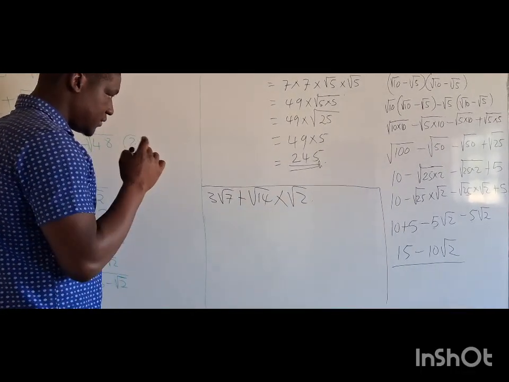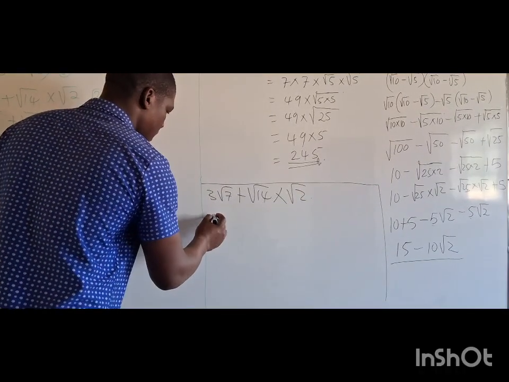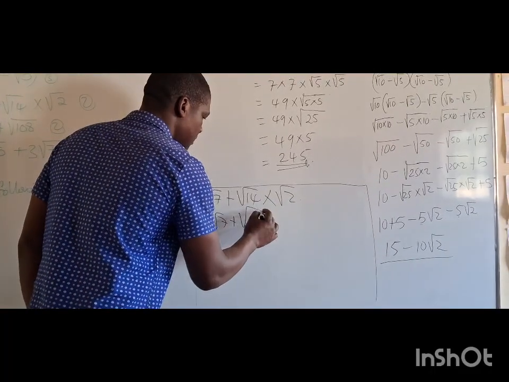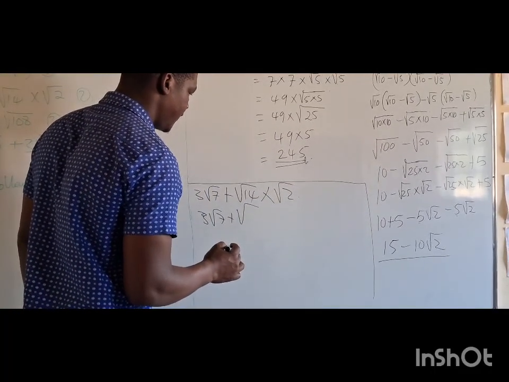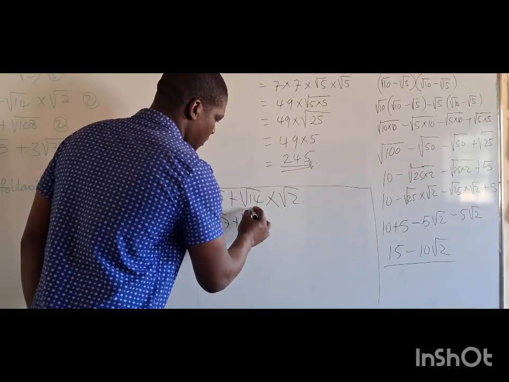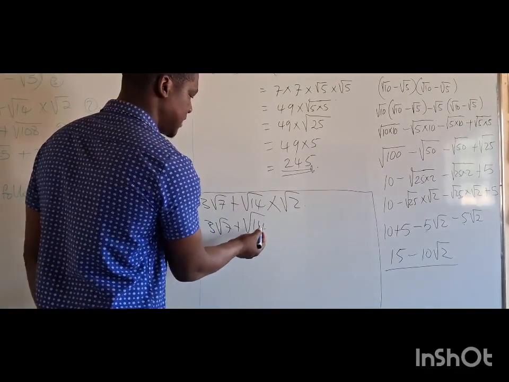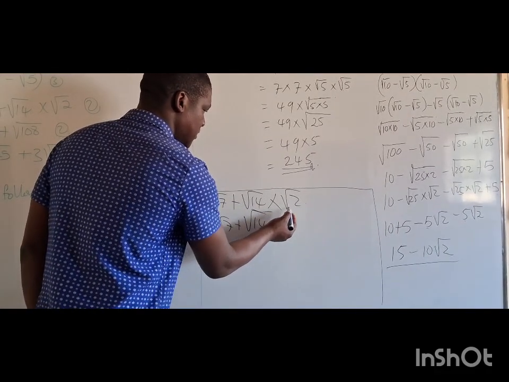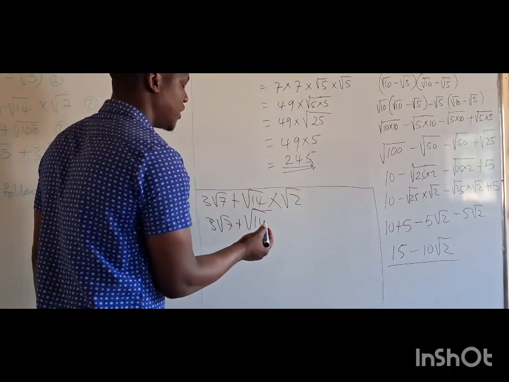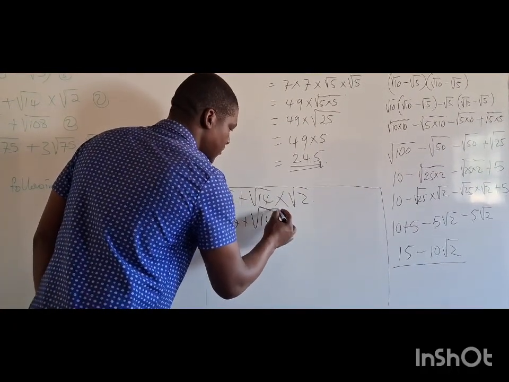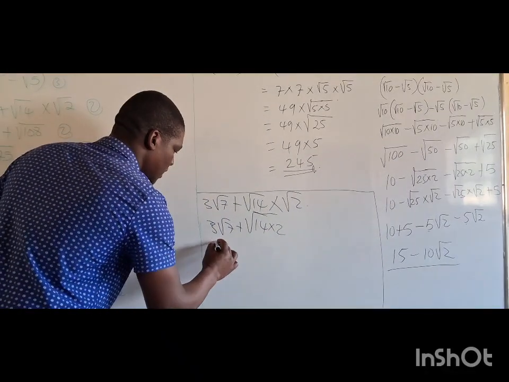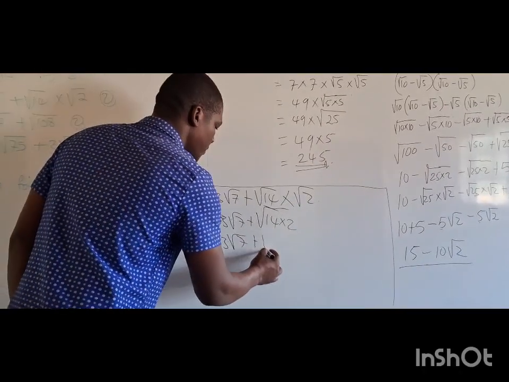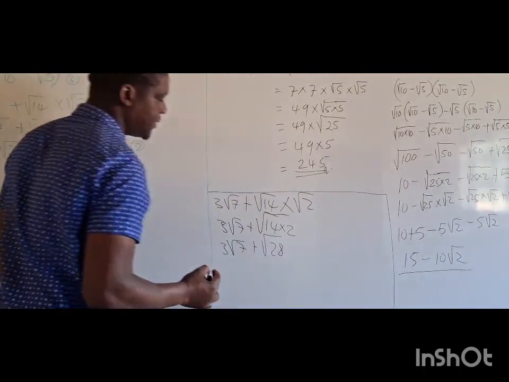So we can say 3 root 7 plus this one, you can say it's a root 14. You can multiply by 2 inside here. You can multiply by 2 because this 2 is under the square root, so you can multiply on the same square root. So we're having 3 root 7 plus 14 times 2, we're having 28.